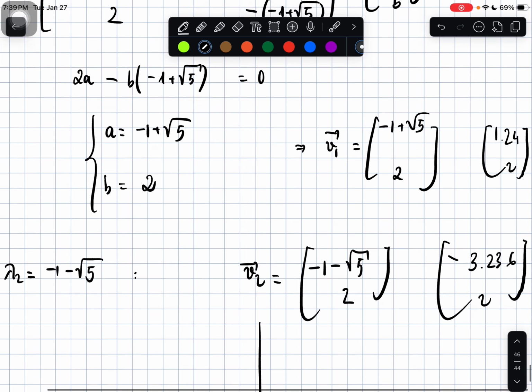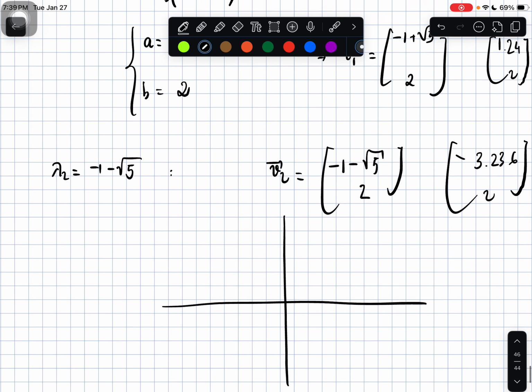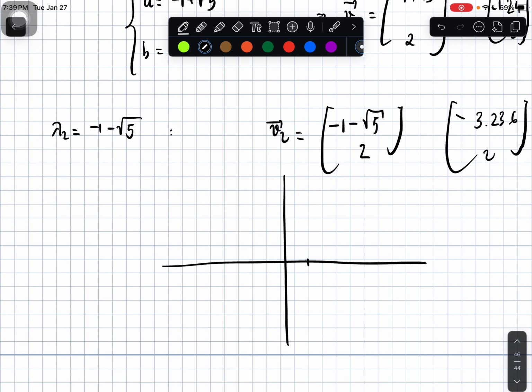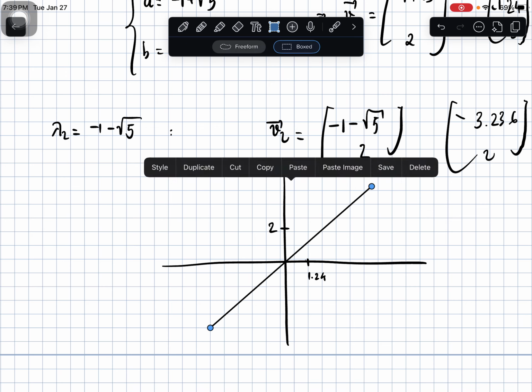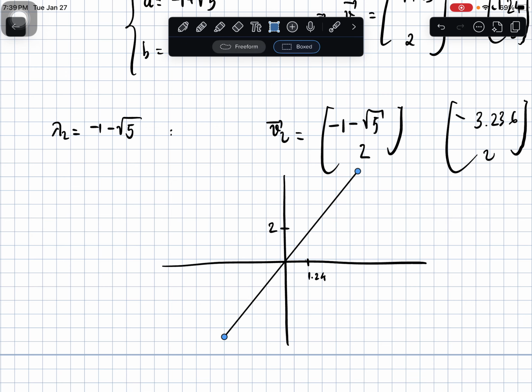So we can graph that. The first one is (1, 2.24), somewhere like here. The other one is (1, minus 3.24), somewhere like this.